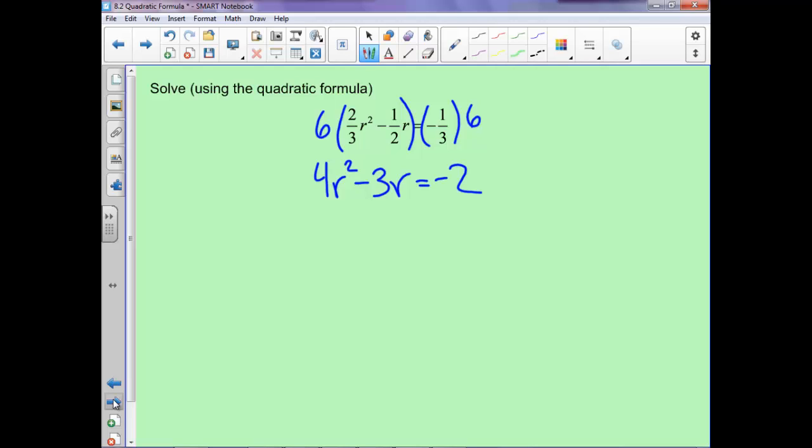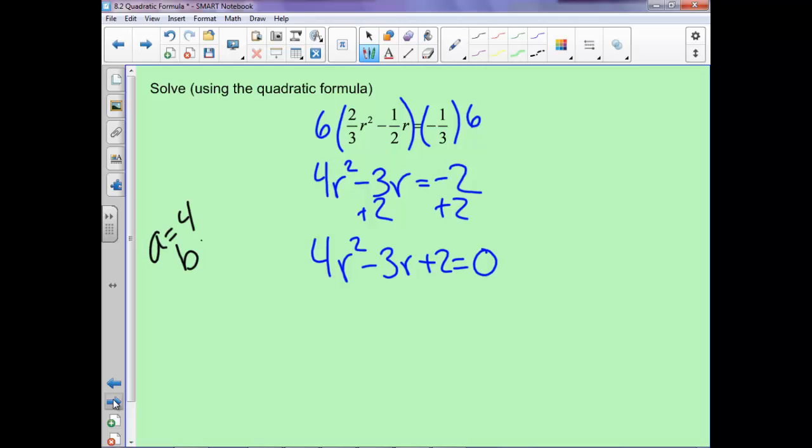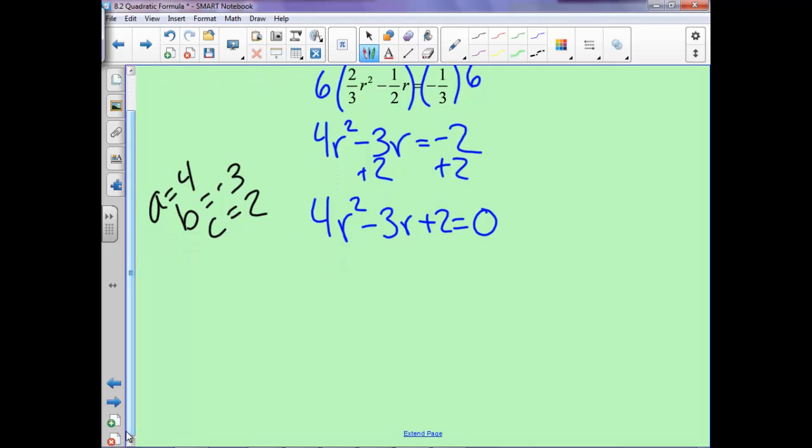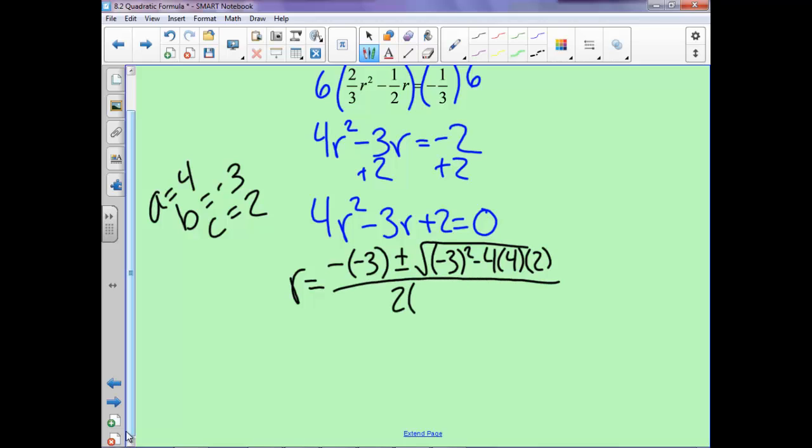But then notice we still need it equal to 0, so we have to add our 2 to both sides. And now, our a is 4, our b is negative 3, and our c is 2. So when we go to our quadratic formula, negative b plus or minus square root of b squared minus 4ac, all over 2a.